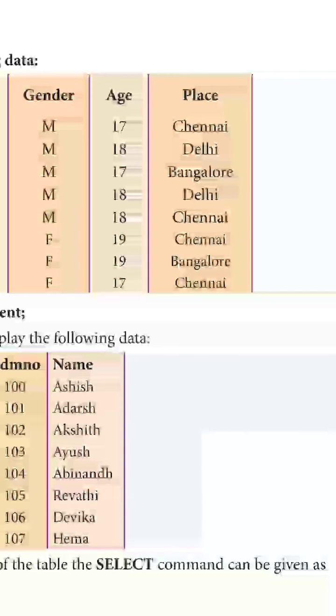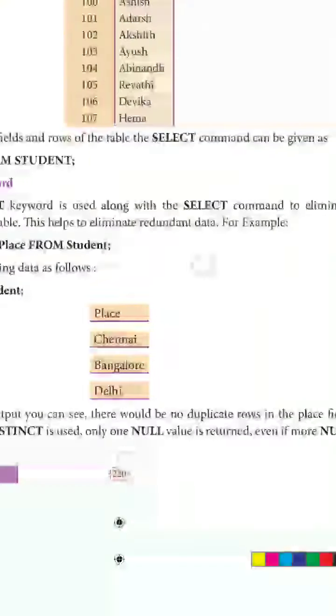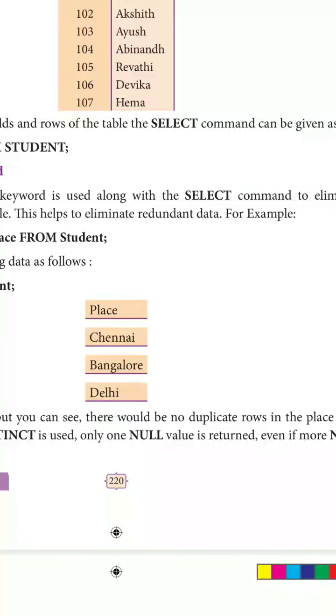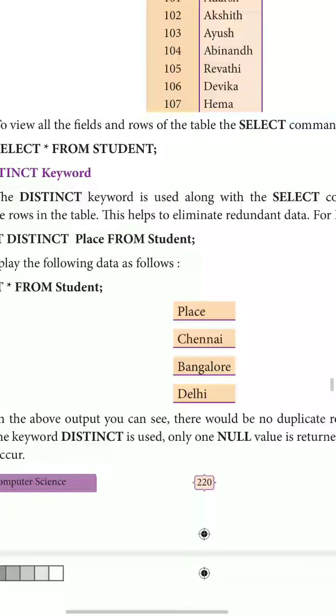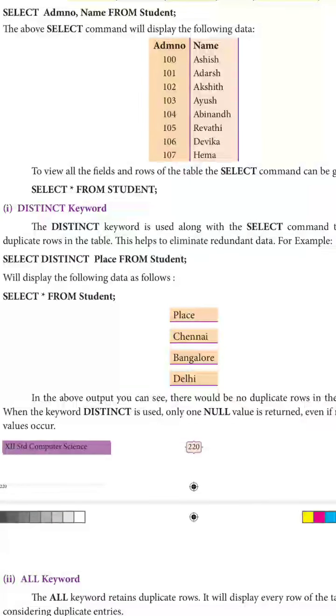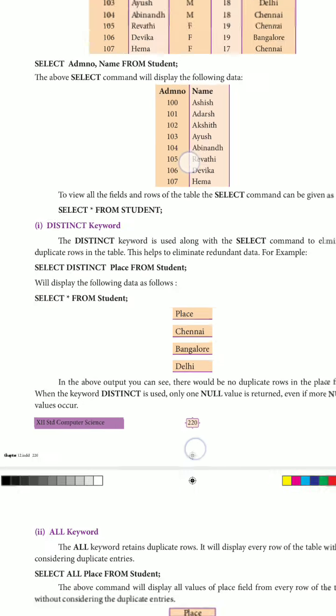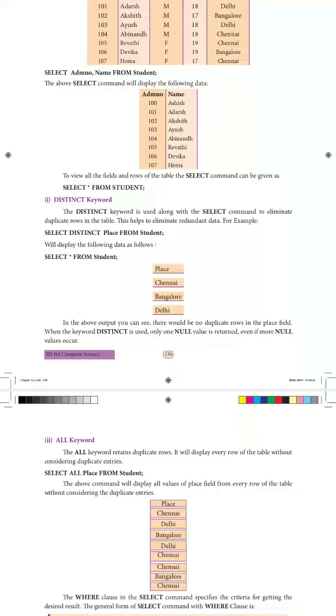Say for example, Chennai is repeated four to five times, Bangalore is repeated twice, and Delhi is repeated twice. So if you want to display the distinct places, then you can use this distinct keyword. Okay, select distinct place from student. So select star from table will give you the entire data in the table.